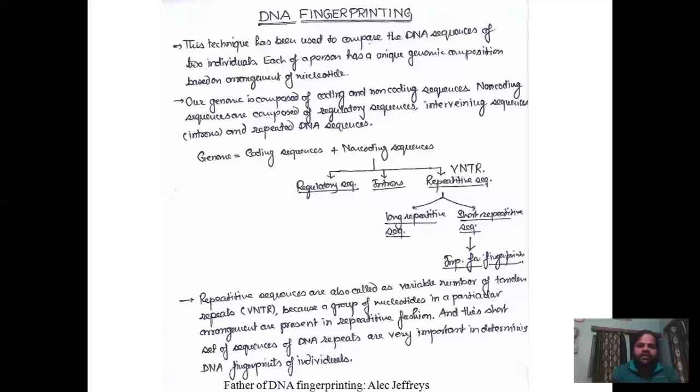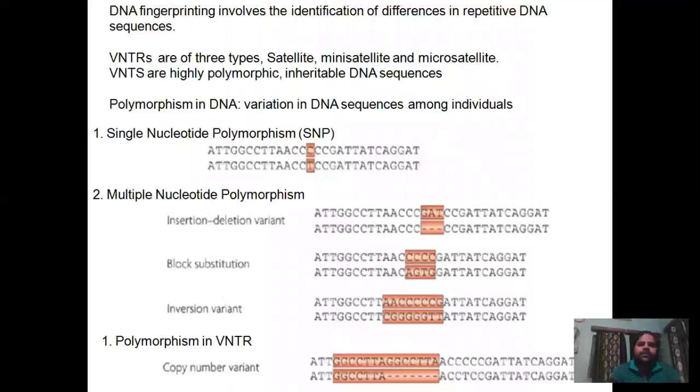The father of DNA fingerprinting is Alec Jeffreys, and the father of DNA fingerprinting in India is Lalji Singh. DNA fingerprinting involves identifying the differences in these repetitive DNA sequences.